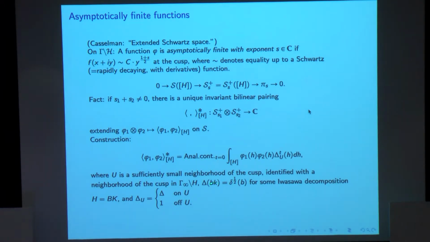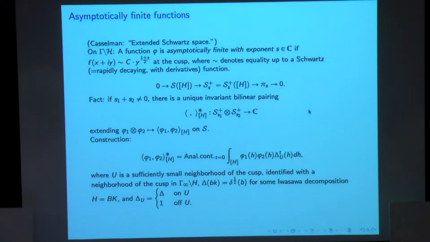So you take an Iwasawa decomposition, bk, and this capital delta function is some height function. It is this little character delta 1/2 of b, and you multiply by this in the neighborhood of a cusp. U denotes here a neighborhood of the cusp.